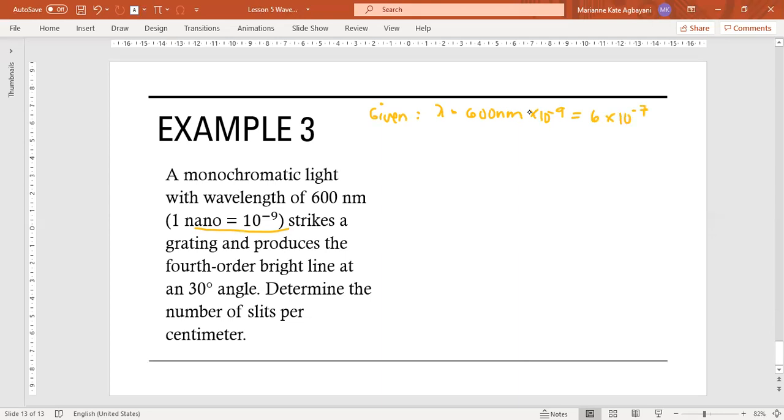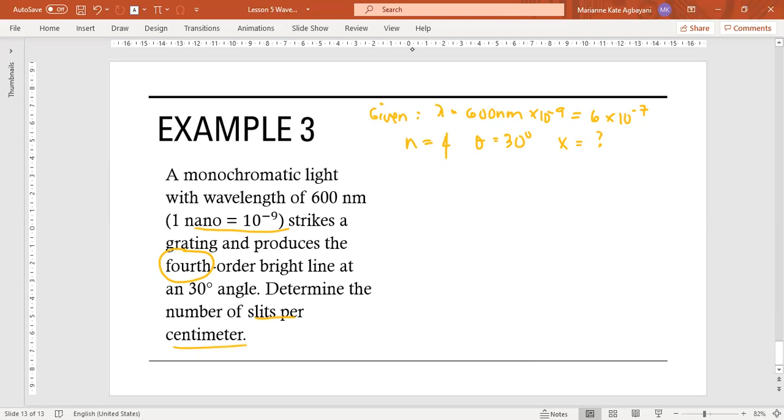Okay. Nanatay wavelength, our n is fourth order. So we have n is equal to 4 and our angle is 30 degrees. So itong pangitaon is ang x, okay, ang slits per centimeter.